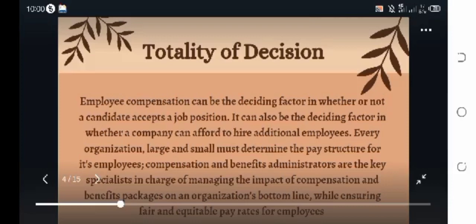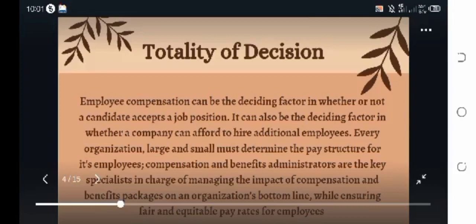So, employee compensation is really important for getting people to apply for jobs and deciding how many employees a company can hire. There are specialists called compensation and benefits administrators who make sure employees are paid fairly and the company can afford it.